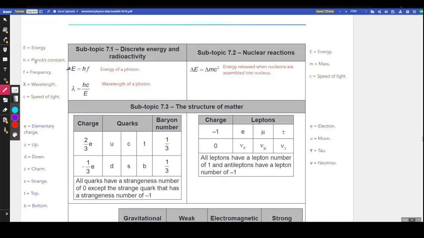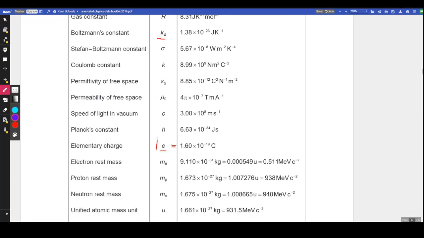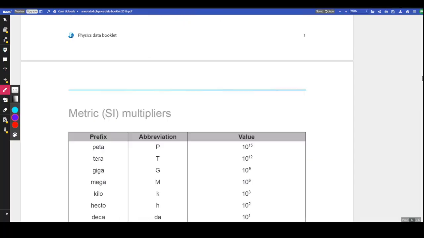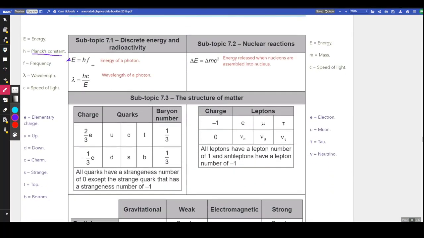So H will be the Planck constant, which again you can find from the previous page right here. And F is the frequency. As for the second equation, it is in fact the same if you are looking into C equals F lambda, the wave equation, and if you substitute, it's the same equation as the first one. And that is pretty much the equation you have.